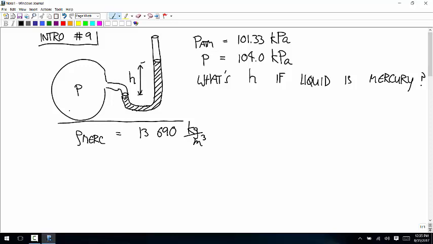I use the fact that we know that the pressure here and here are the same. And we know the pressure here is the atmospheric pressure.